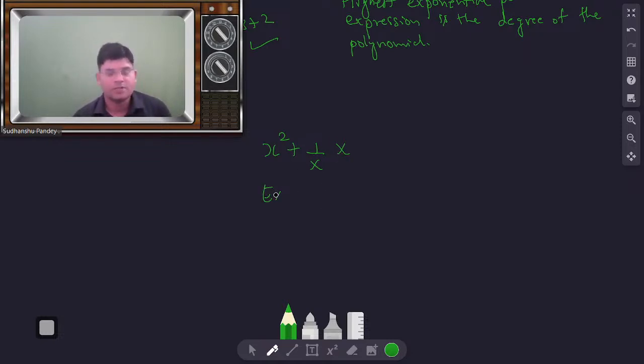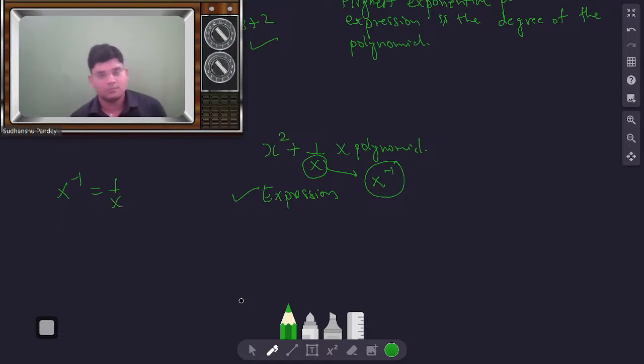Why is this not a polynomial? Because you can see that there is an x whose exponential power is going to be minus 1. You know that x to the power minus 1 can be represented as 1 by x. Yes, sir. Okay.